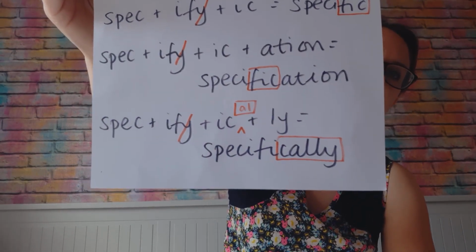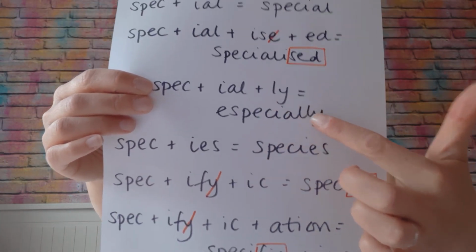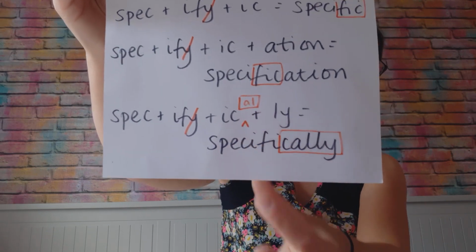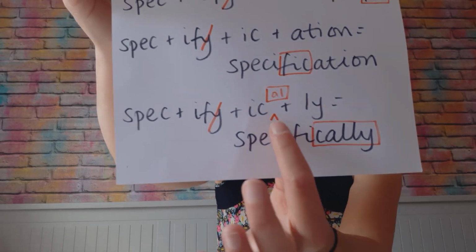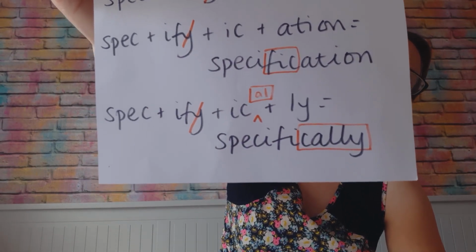So specifically, it's not just C-L-Y, because that just isn't how we write it in English. You have this ally bit there. That's if you are talking specifically, you want to be very particular in what you are saying.